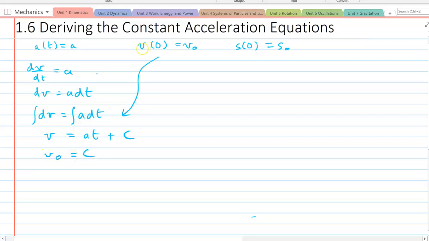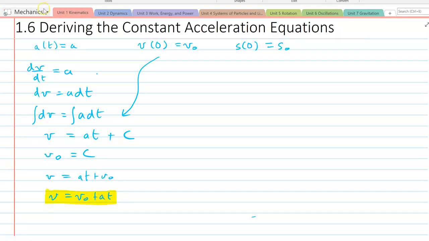So you substitute v for v naught, because that's what it's equal to, and you substitute 0 for t. That means we get v equals at plus v naught, or the way I would write it, v equals v naught plus at. This is our very first equation. This is the first kinematic equation that we will derive.